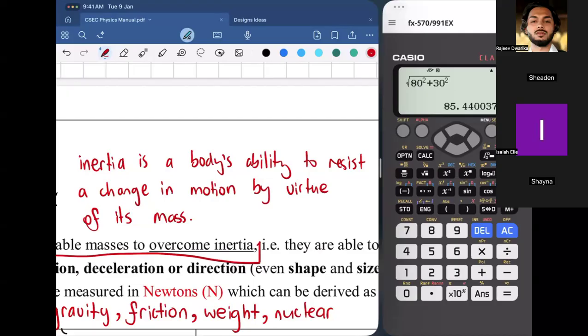What do you think? Hard. It would be hard. So inertia is a body's ability to resist a change in motion by virtue of its mass and acceleration. Those things would define a body's inertia.